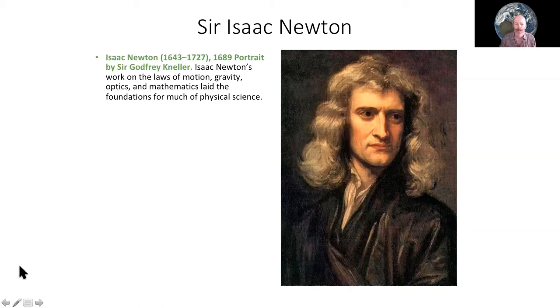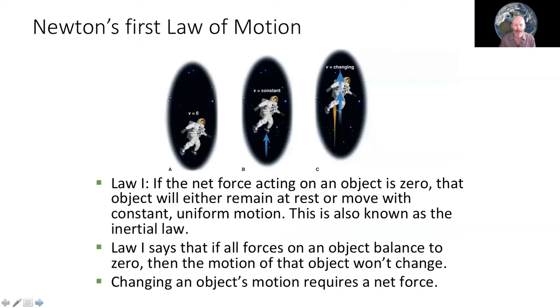And that's where the laws of motion and gravity come into play. Newton's laws of motion basically say things tend to stick with what they're doing. That's the law of inertia. If it's just sitting there doing nothing, it's going to sit there and do nothing until something happens to it.